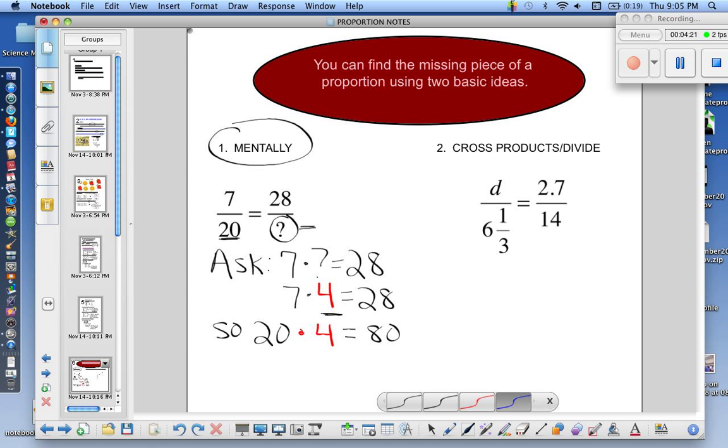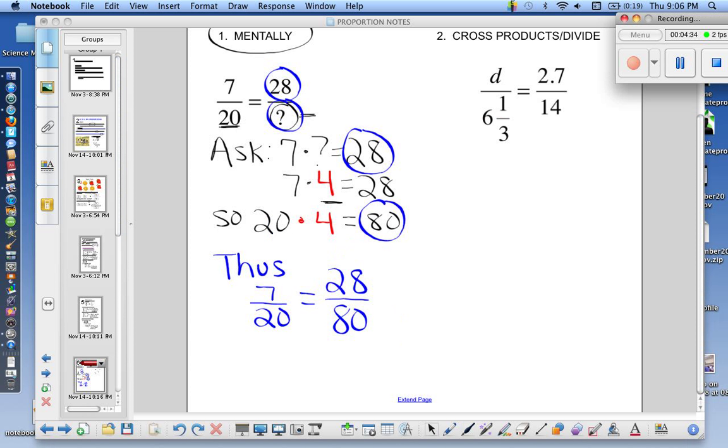So now we still have our 28, which we had up here, and our question mark is now going to be replaced with 80. Thus we have 7 over 20 is equal to 28 over 80. And now that's just one way to do it mentally. But if there's other types of fractions involved or bigger numbers, we might not be able to do it mentally.